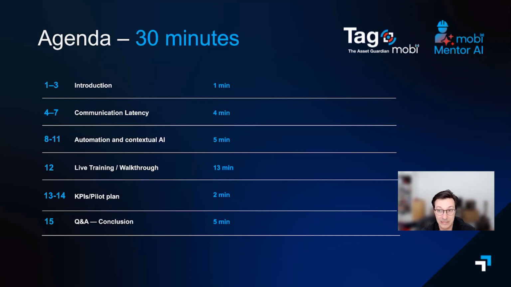How can you get there? How can you build some of these workflows? We'll take a look at some of the KPIs and outcome you can expect out of that. And we'll close things up with a bit of a pilot plan for you guys. So if you want to achieve those notifications, what are your next steps?